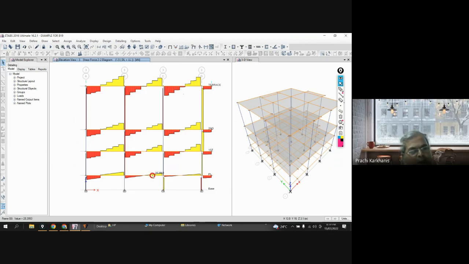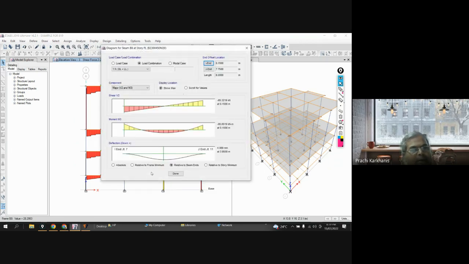And if I right click on this, you will get this. So you can see that shear V2 because it is a major shear force. On left side, because of your loading and support conditions that you have defined, the analysis is saying that the shear is coming out to be 65.32 kilonewton.